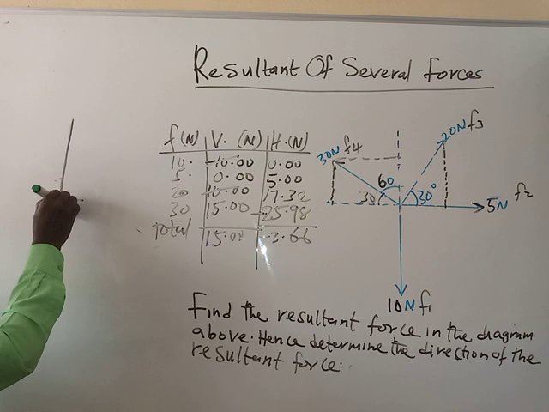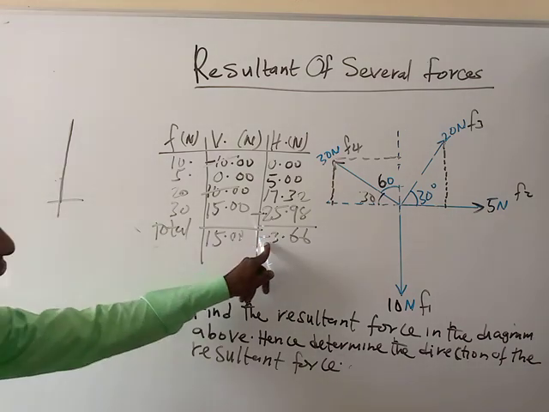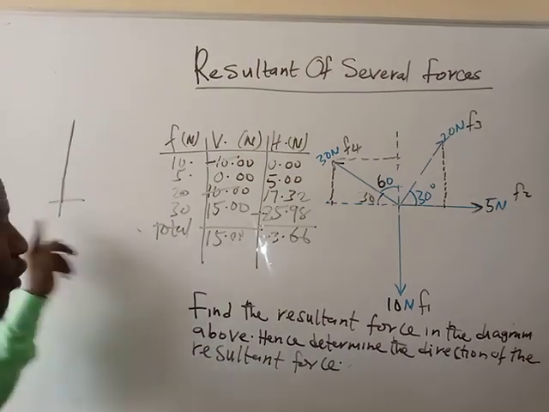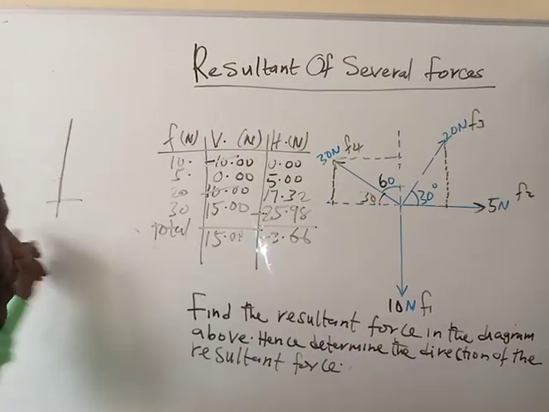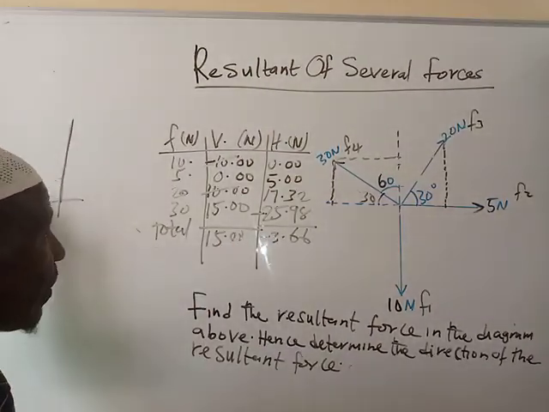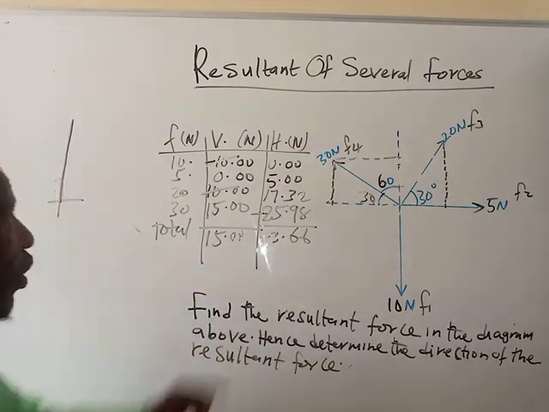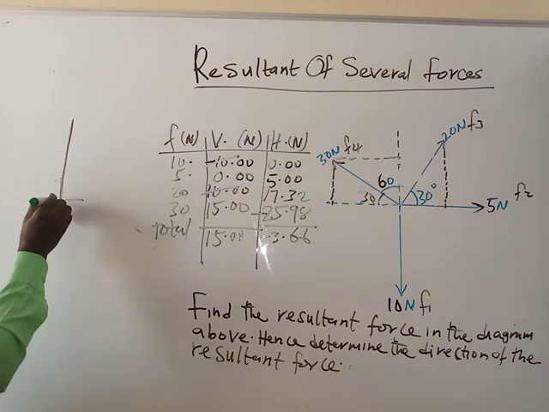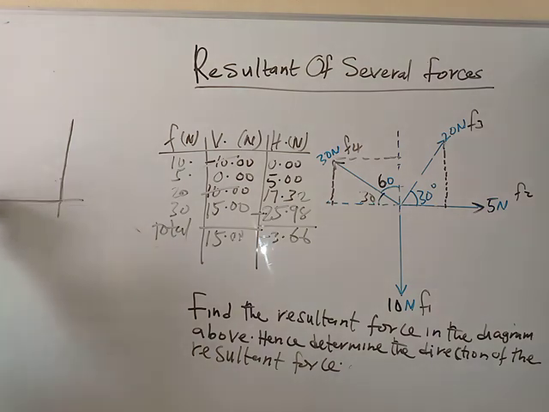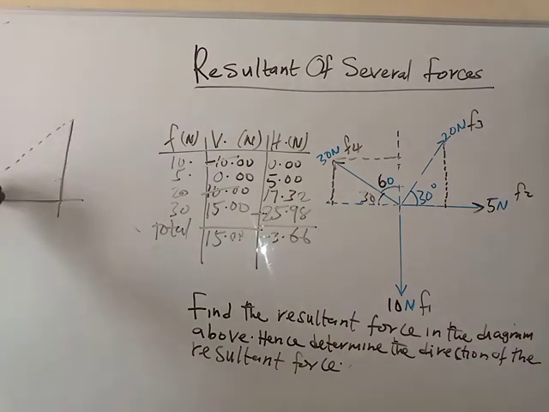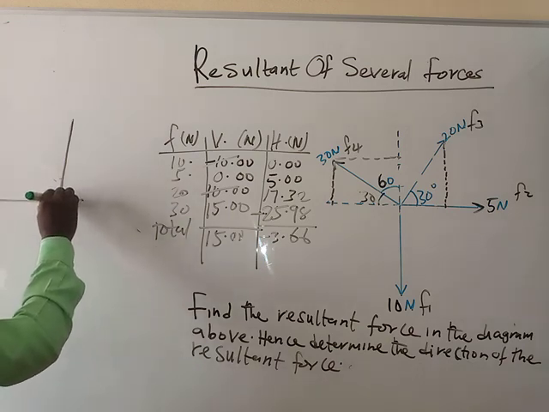Then horizontal is negative. You don't need this minus here, but just to indicate whether your line will be on the negative part or positive part. Now that we are having negative, it is the negative part of horizontal. So it's this side. You draw it here.